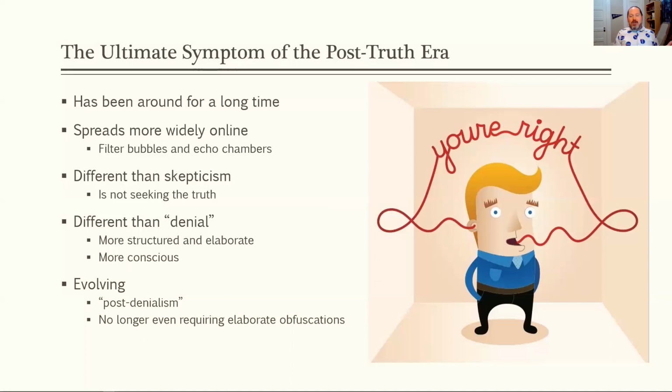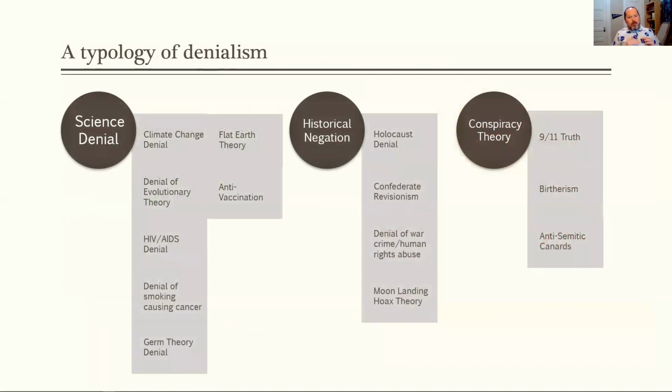Now it seems like you can just say something's not true. We're in the post-truth era where someone can just yell fake news and they don't have to back that up at all. And there are a lot of people who will say, oh, so-and-so said it was fake news, so I guess the moon landing wasn't real because so-and-so said that was fake news. We are moving past the age when denialism was a complicated thing.